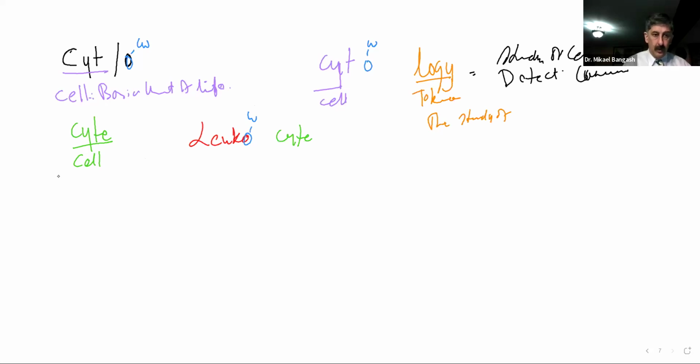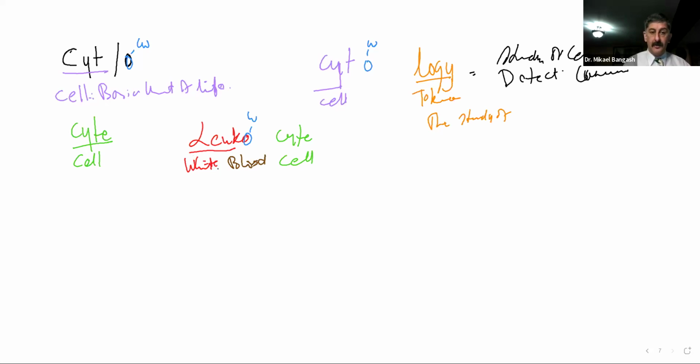Now the word leuk, L-E-U-K, actually means white. So it means white cell. There is a type of cell we call white cells, or more correctly, white blood cells.